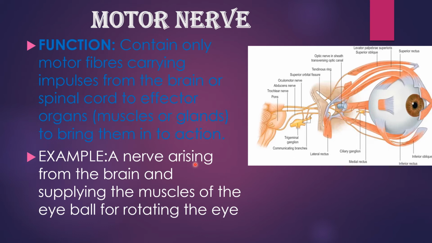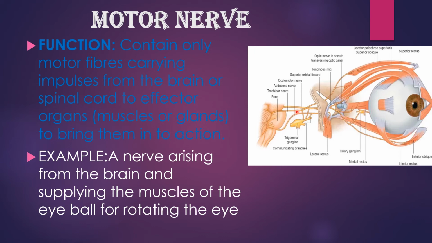The next type of nerve, that is motor nerve. What is motor nerve? It contains only motor fibers. Then the function of motor fibers is carrying impulses from the brain or spinal cord to effector organs. This is the area of brain.